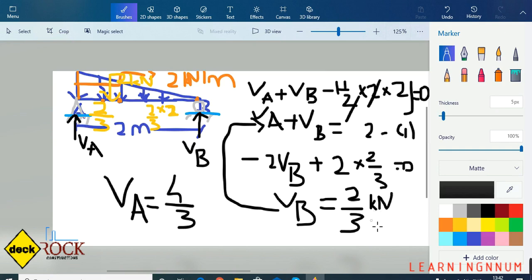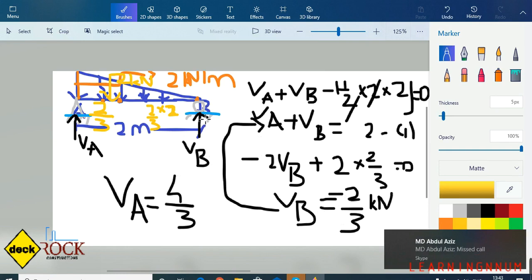Understood? Yes, sir. So we got VA and VB as positive values, right? We have assumed earlier VA and VB vertically upward, positive. Since we got positive values, whatever direction we assumed would remain as it is. If we got VB as minus 2 by 3, then the assumed direction of VB would change, it would get opposite.